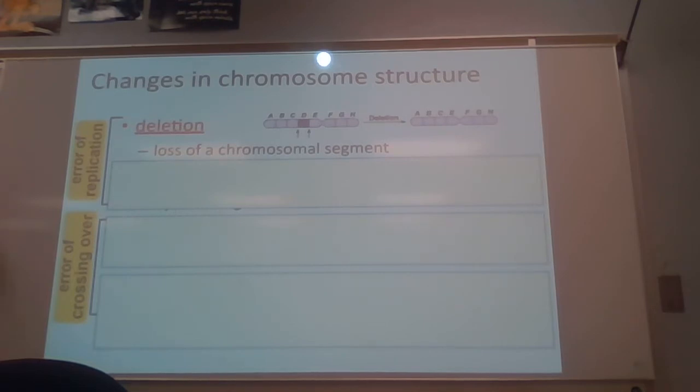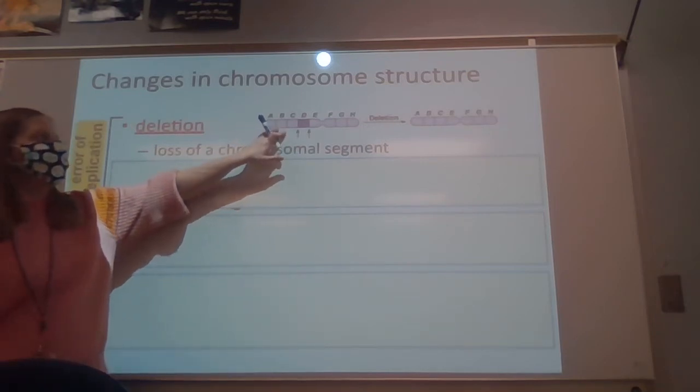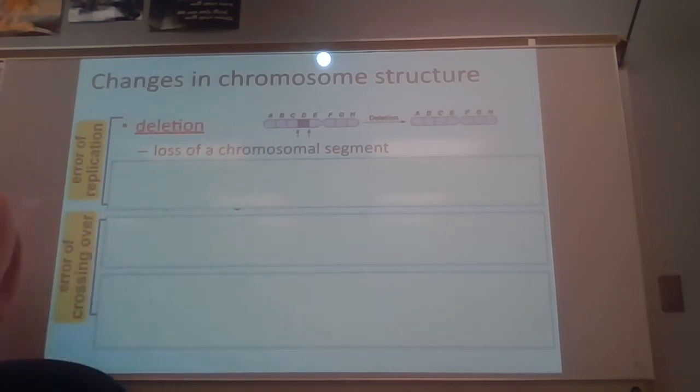And so each one of these is going to be accompanied with a diagram. Take a couple of seconds to talk about in your group, why does this diagram show deletion? What's going on there? So in this case, we have way more genes than this on every chromosome, right?